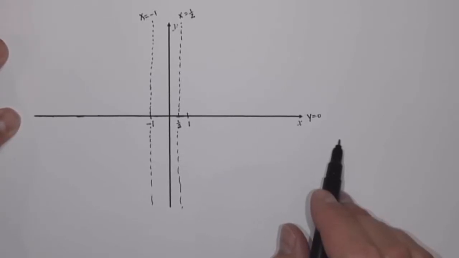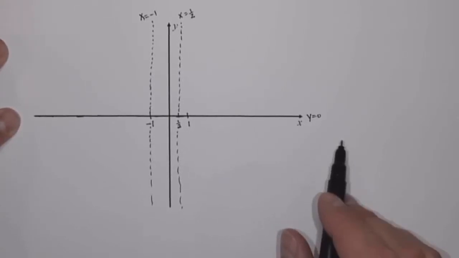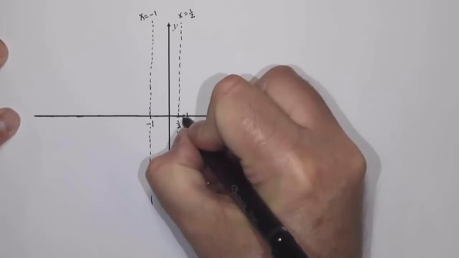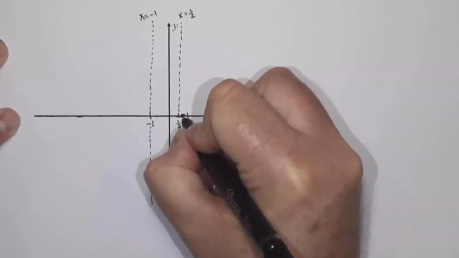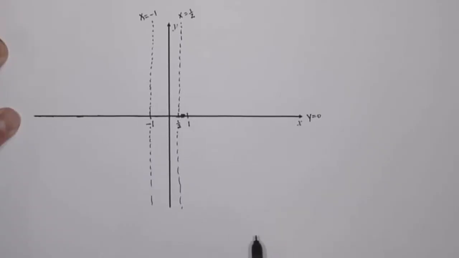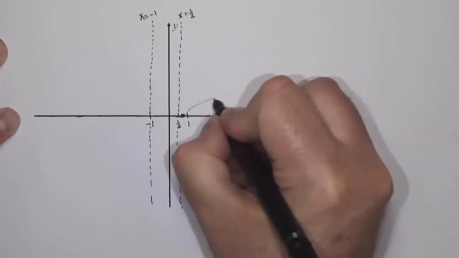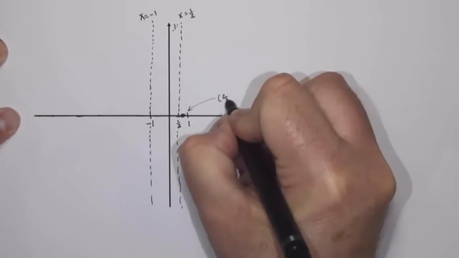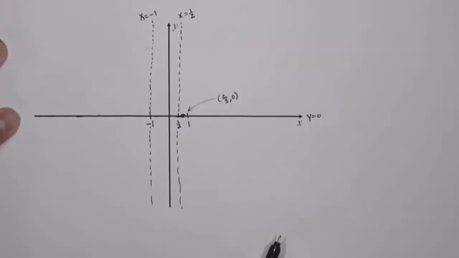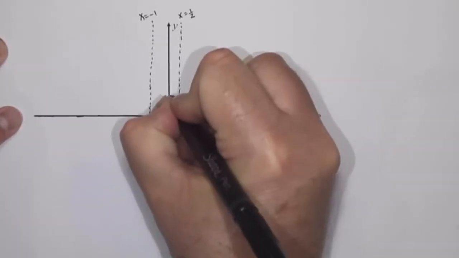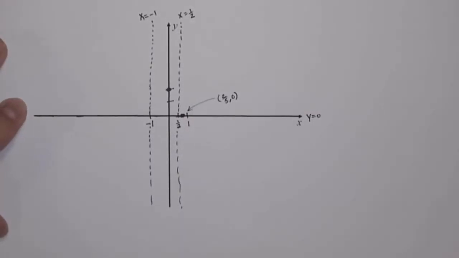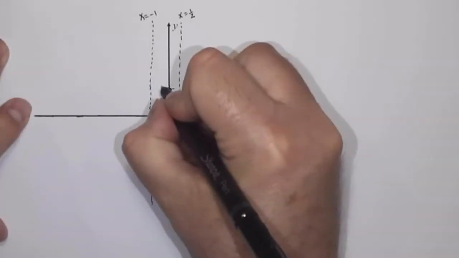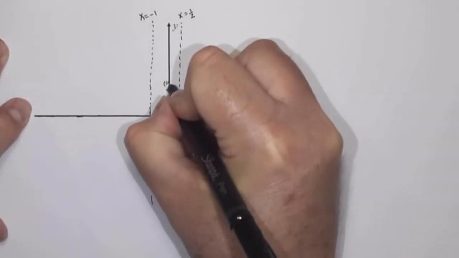I know the x-intercept is the point (2/3, 0), which is going to be around right there, a little bit to the right of 1/2, but not quite to the 1. That's an x-intercept. And I know I have a y-intercept at (0, 2).